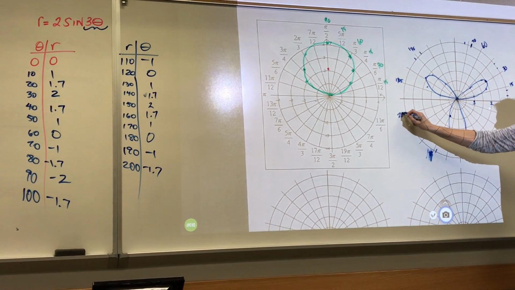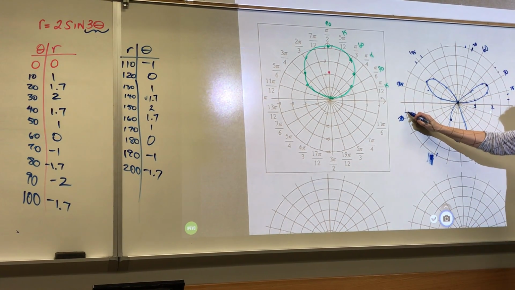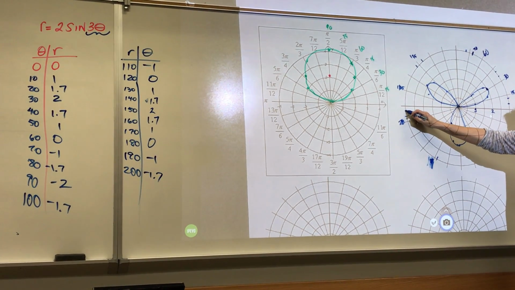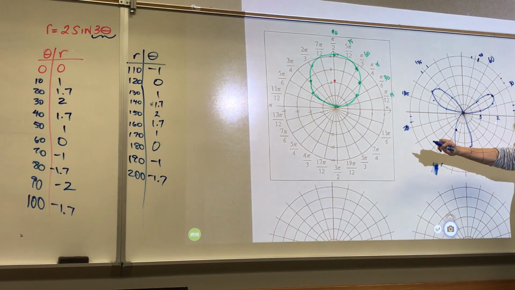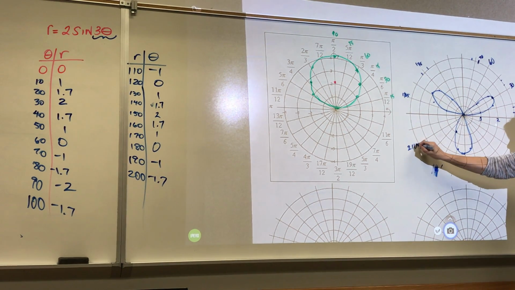200, so this is 210. So 200 is coming out in that direction, but excuse me, 190. Here we are, 190. No, wait a minute. This is 210.